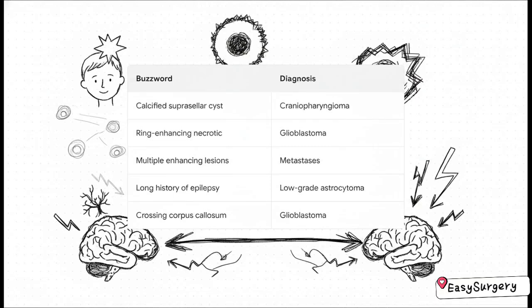Buzzword, multiple enhancing lesions. Diagnosis, metastases. Buzzword, long history of epilepsy. Diagnosis, low-grade astrocytoma. Buzzword, crossing the midline via corpus callosum. Diagnosis, glioblastoma. Look at that. Notice how glioblastoma completely dominates when it comes to the aggressive, destructive buzzwords like necrotic and crossing the midline.